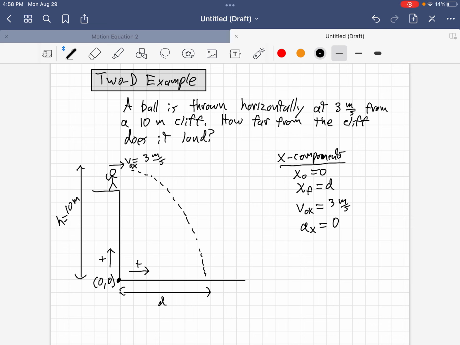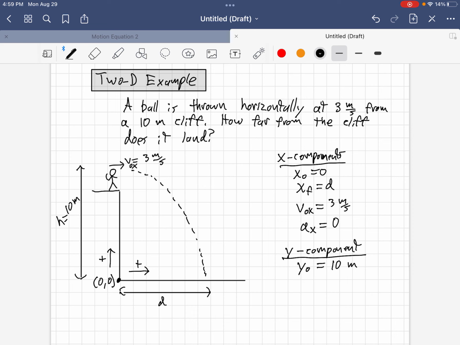And now we can write down everything we know about the y components. So what's our initial y position? y0. We're still on top of the cliff, right? So y0 is going to be 10 meters.